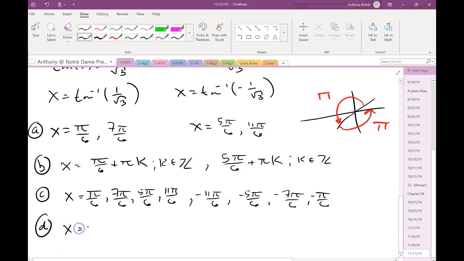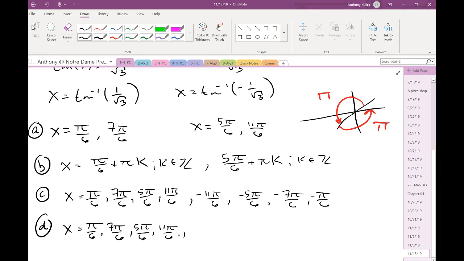So D, obviously these first 4 answers are still going to be answers in part D, because 0 to 2 pi is part of the interval for D. Now, not all of these next 4 answers are going to be answers in part D, because D is only from negative pi to 0, right? Not negative 2 pi to 0. So this guy is too small, and so is that guy.